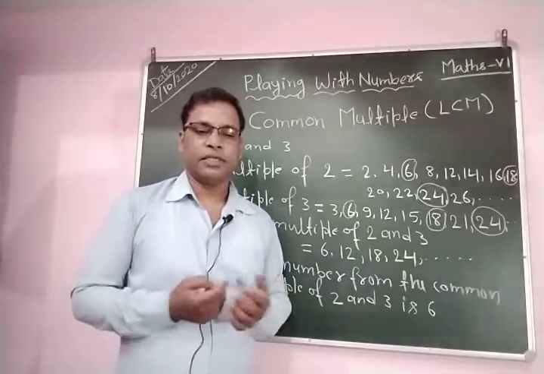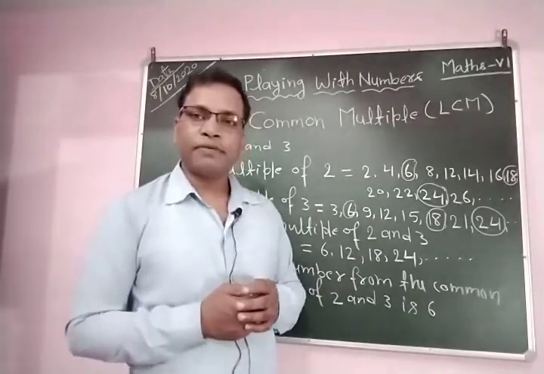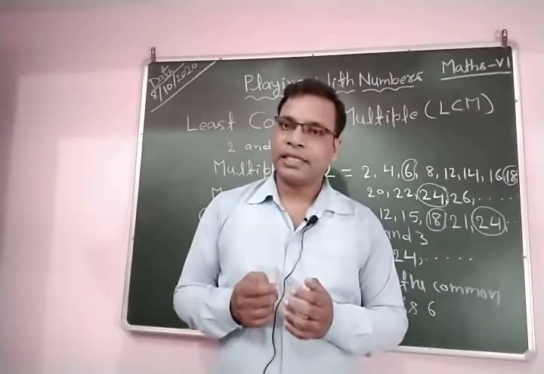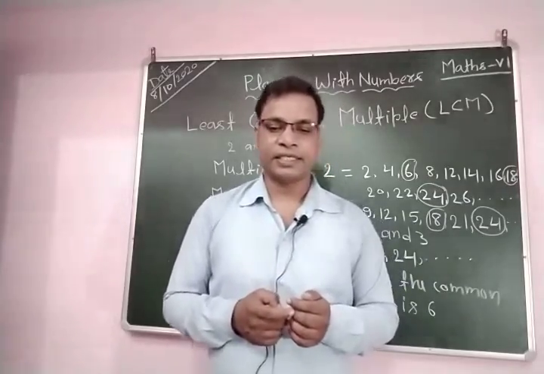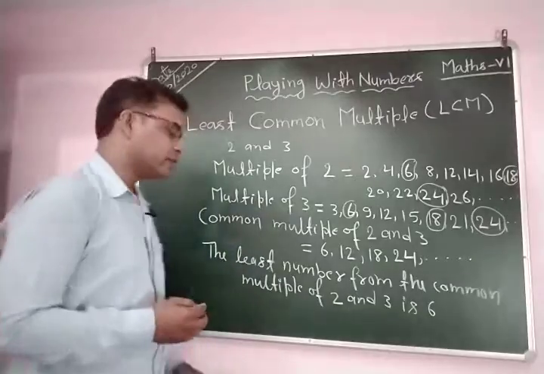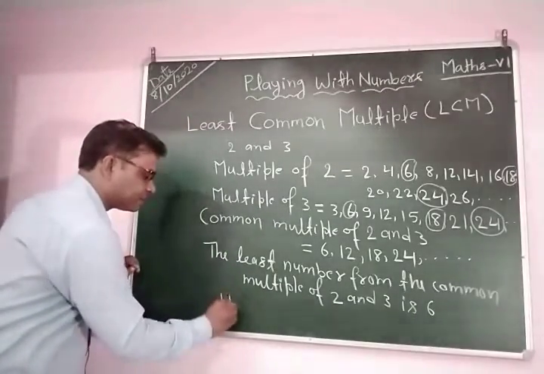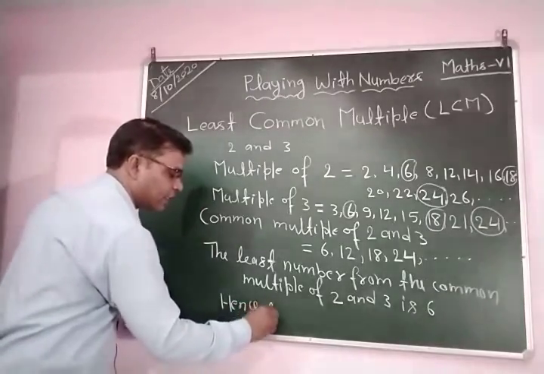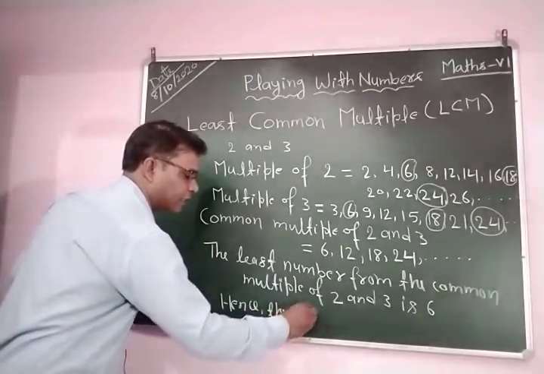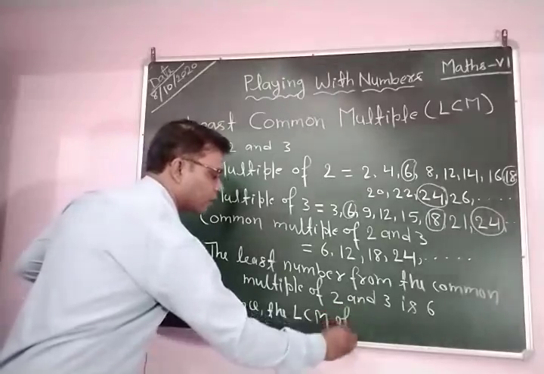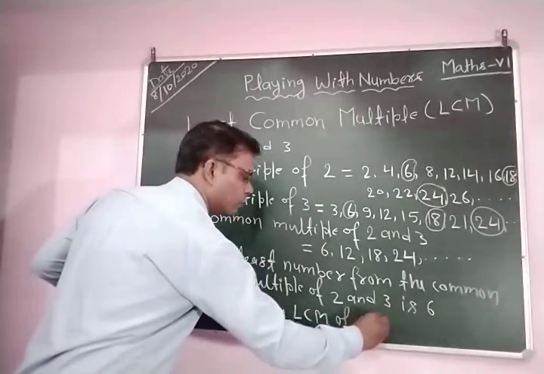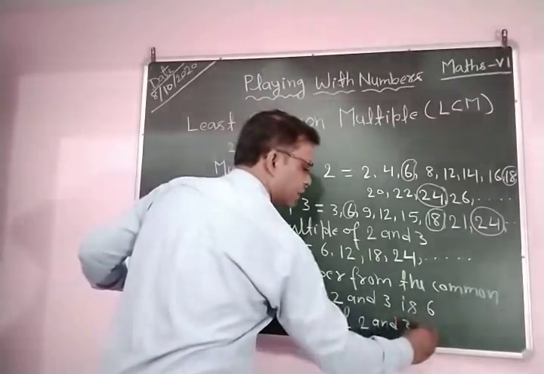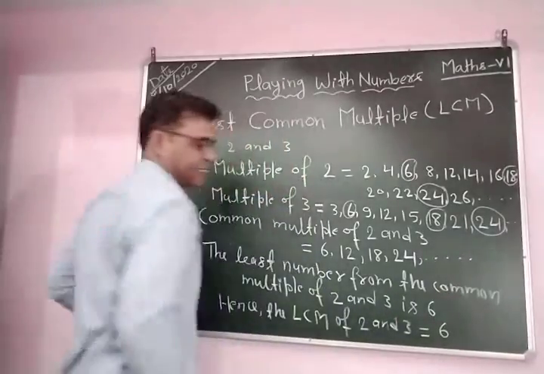Hence the LCM of 2 and 3 is 6. So we can write at last: hence the LCM of 2 and 3 is equal to 6.